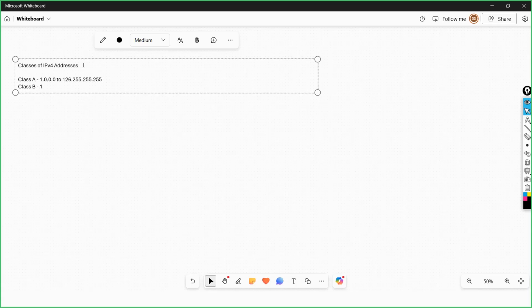which was 128.0.0.0 to 191.255.255.255. Then we have Class C, which is 192.0.0.0 to 223.255.255.255.